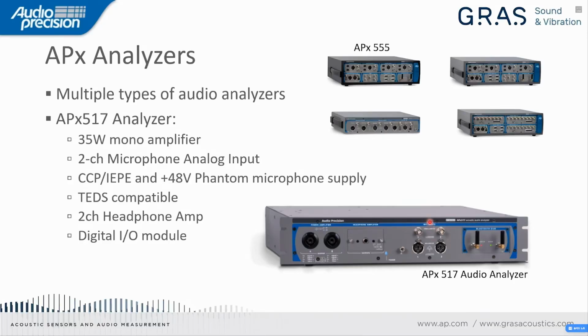The device is also TEDS compatible, so we can use TEDS in the measurement microphones to quickly calibrate the measurement channel. We also have a 2-channel headphone amplifier that we see here. If we happen to want to do headphone testing, it's going to be perfect. Otherwise, it can just be used as another analog output.